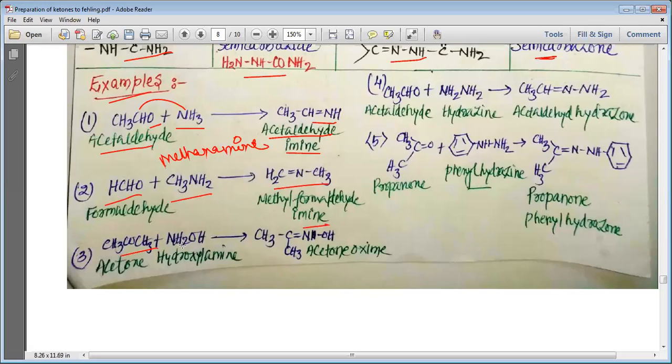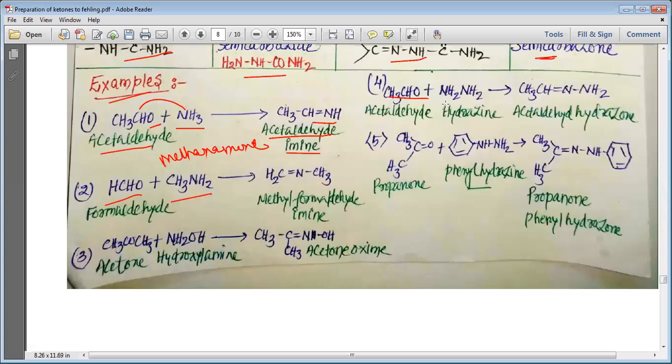In the same way, if you take acetone and allow it to react with hydroxylamine, you will get acetone oxime. Oxime is what you get whenever a carbonyl compound reacts with hydroxylamine, and the name of the compound that reacts is put before the word oxime. So this is how we can get the various products.